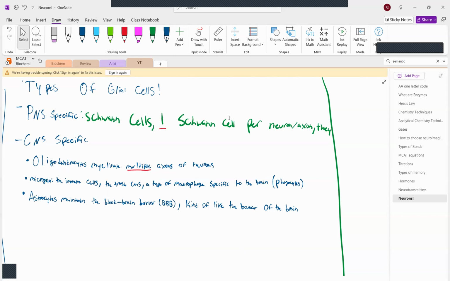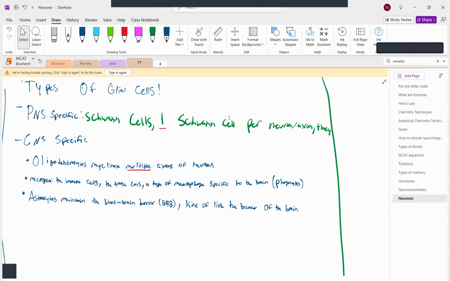So they're really important for myelination. Also, the CNS is your brain and your spinal cord. That's everything considered the CNS, our central nervous system. It's central in your body, the most important for your body. It's the center of command.